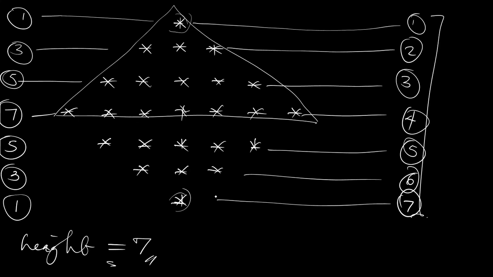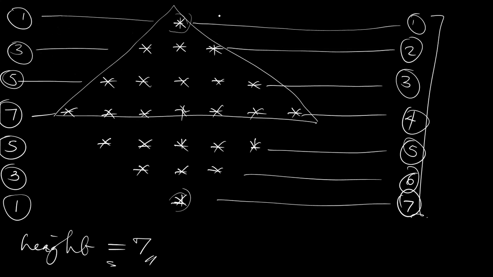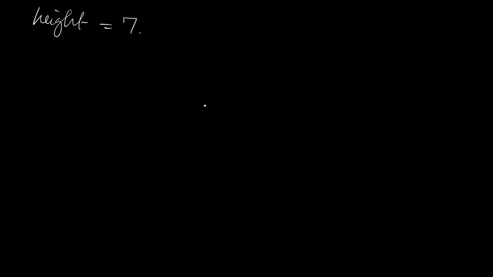So that means since we have gotten the height, and the height is 7, now for us to be able to know the number of rows, let's say you are given any other number which is not 7, like 9, 11, or any other one, or 5.